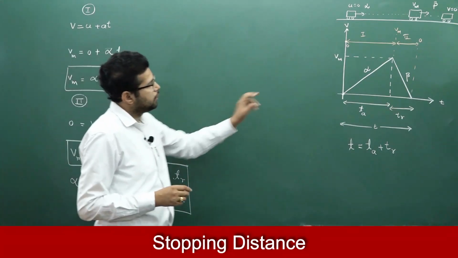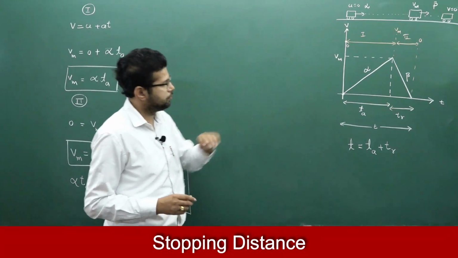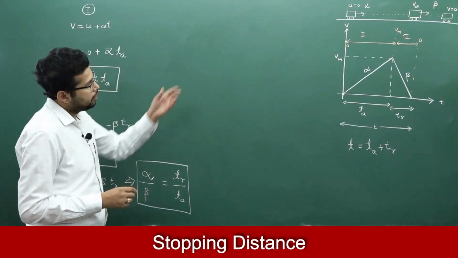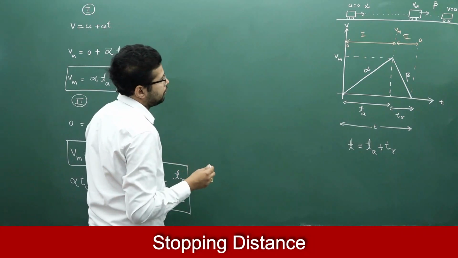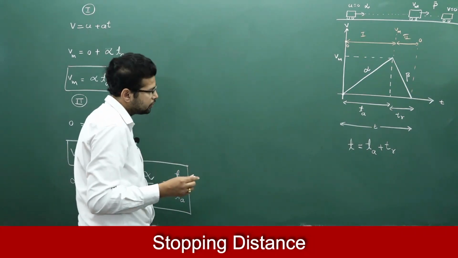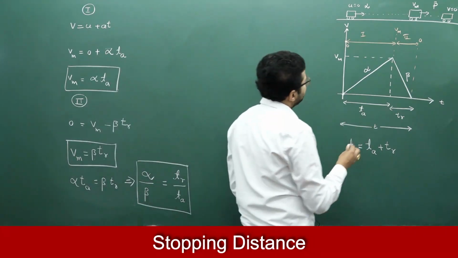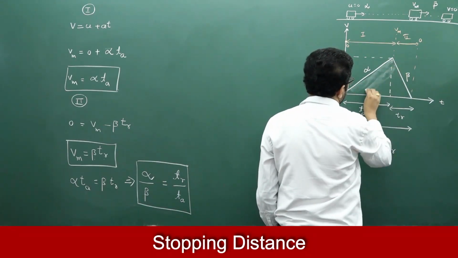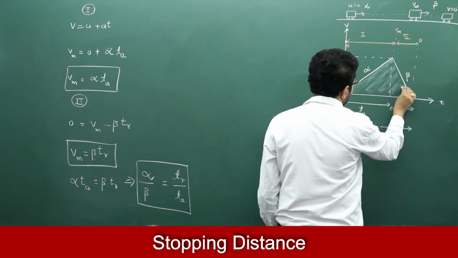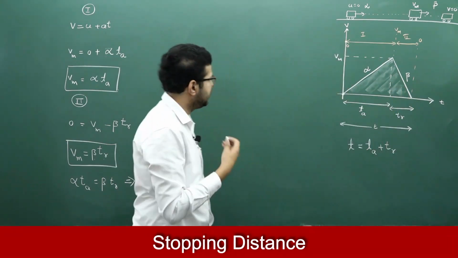Now, what we will do? We will calculate the distance travelled by the bus in the entire process. So, how to calculate distance travelled? We know that area under Vt curve is displacement. We will find the area.